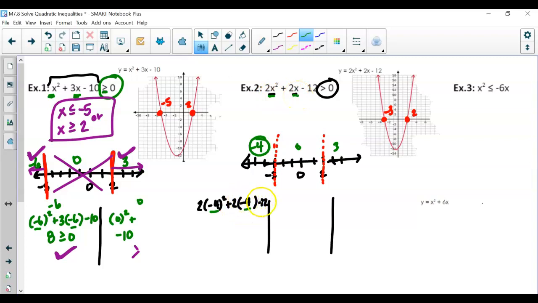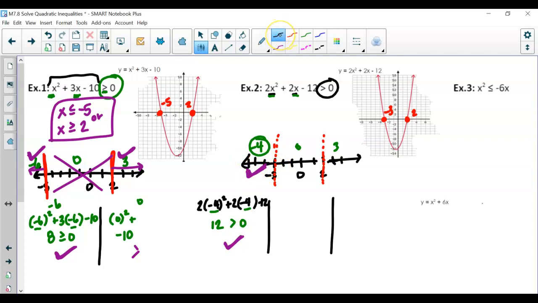So simplify here, and you should get 12. So now 12, is that greater than 0? Yes. So this section is a solution. This is a solution set.